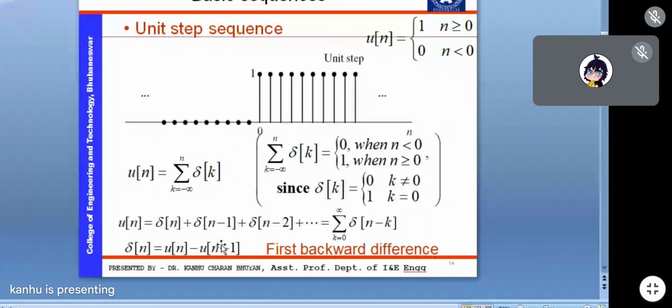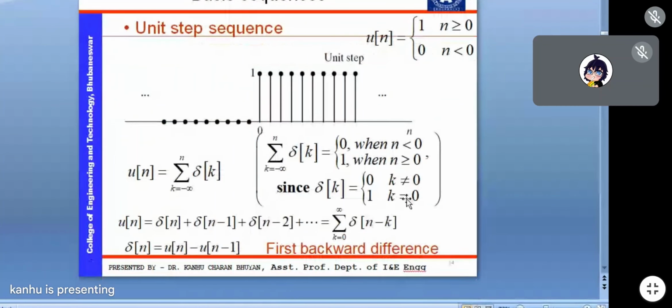So delta[n - 1], delta[n - 2], like this. For that reason it is written delta[n - k], summation of k from 0 to infinity. So delta[n] = u[n] - u[n - 1]. Just write it down.